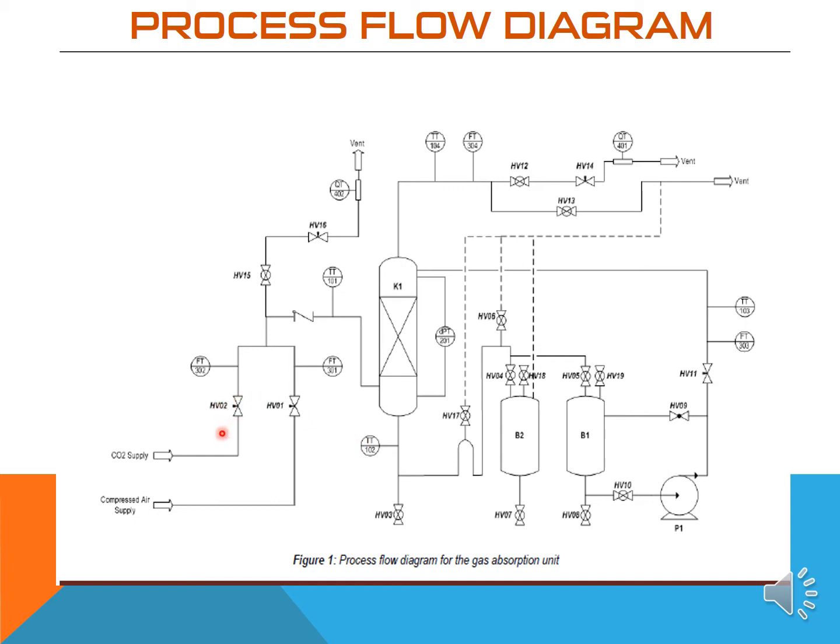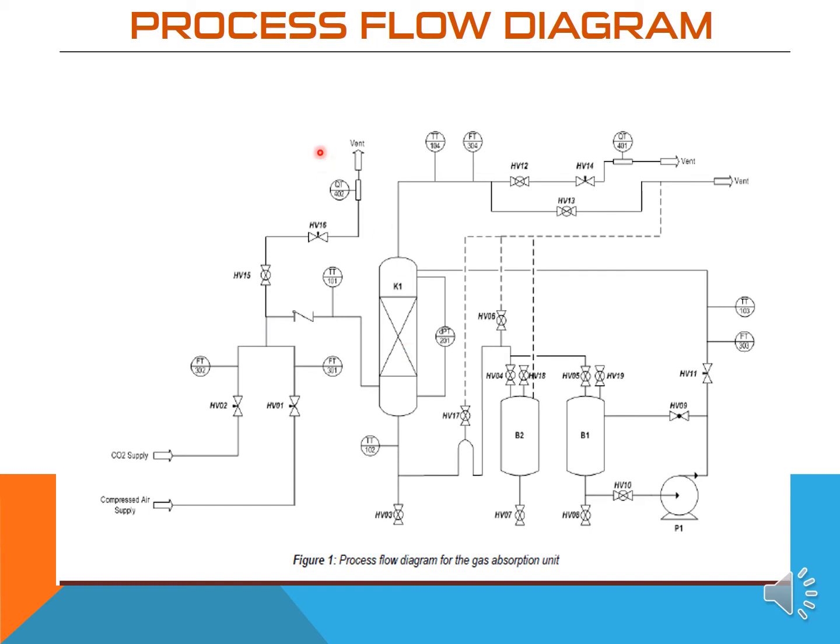Set the pressure of air supply to 0.2 megapascal and pressure of carbon dioxide supply to 2 megapascal by turning the regulator knob clockwise. Lastly, turn on the main switch.